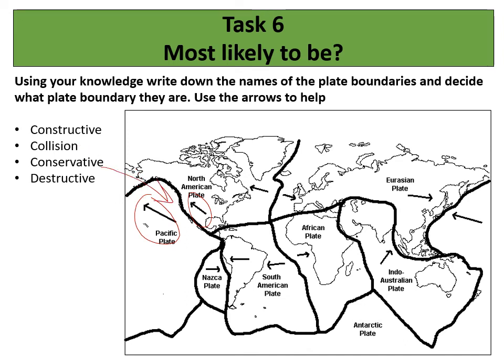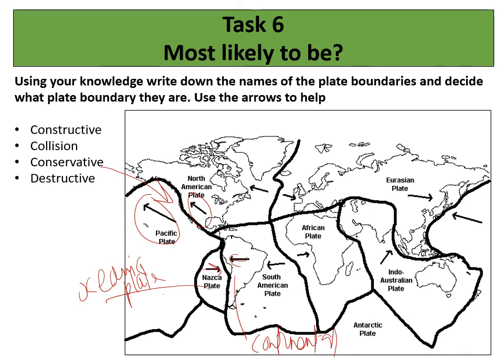Sorry. Now, the Nazca plate and the South American plate, you have to actually look at the plates. The Nazca plate is in the ocean, so it's an oceanic plate, whereas the South American plate is continental. So we know that the 2 plates are moving towards each other, but then we have to decide, is it a collision plate boundary or is it a destructive plate boundary?